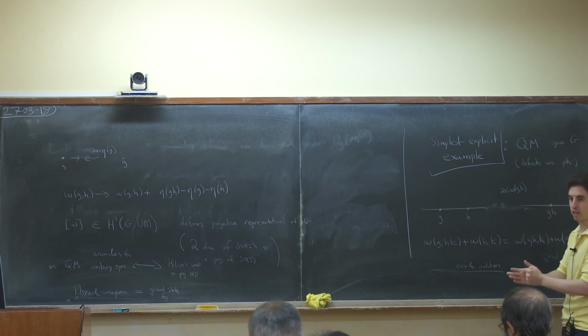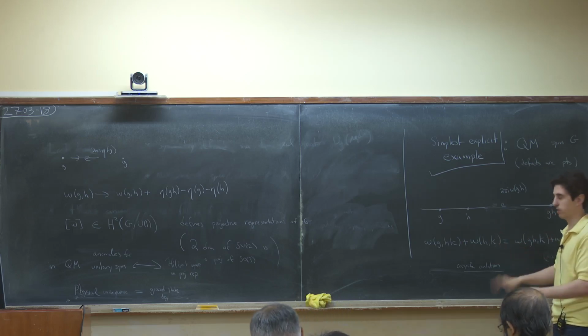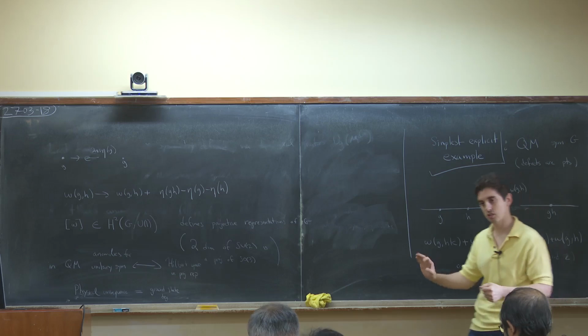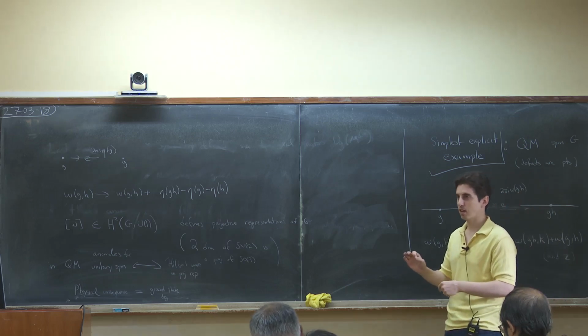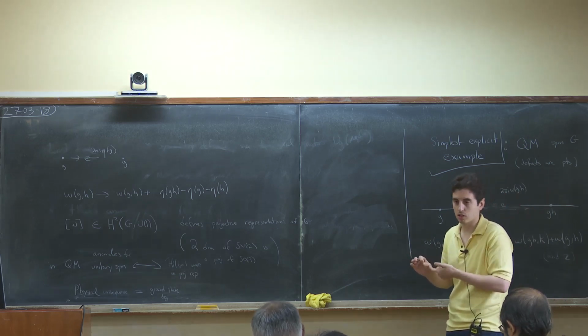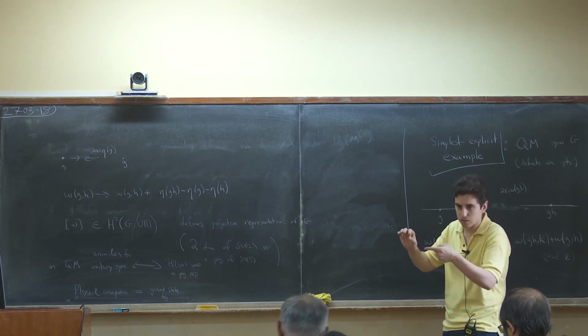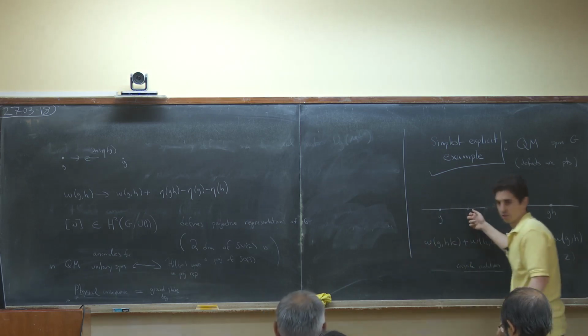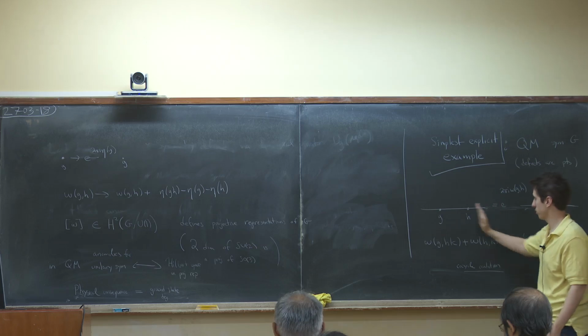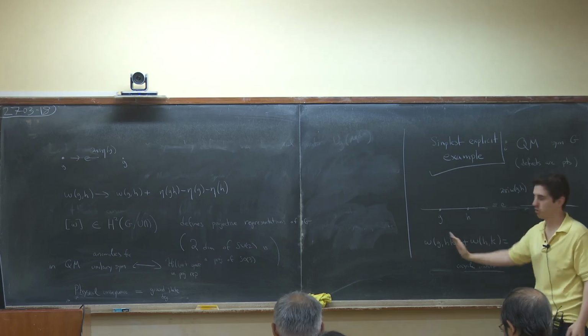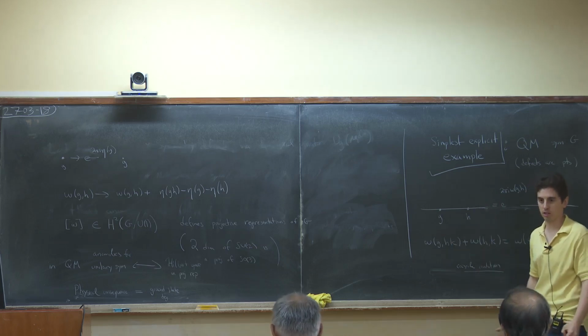Every flat background gauge field is some configuration of symmetry defects. If we're talking about quantum mechanics on a circle, it's more obvious in the sense that all that we can do is put some holonomy. We can put some sequence of jumps. And here I'm putting some sequence of jumps. So I'm describing for you, by putting various things here, the most general flat background gauge field that there can be.